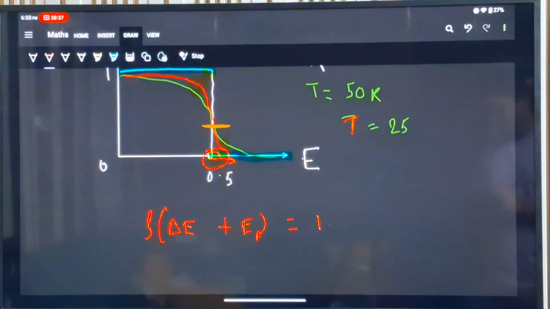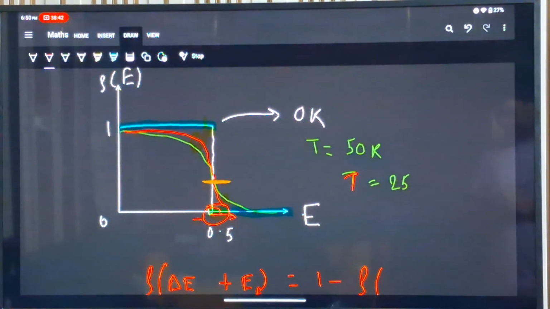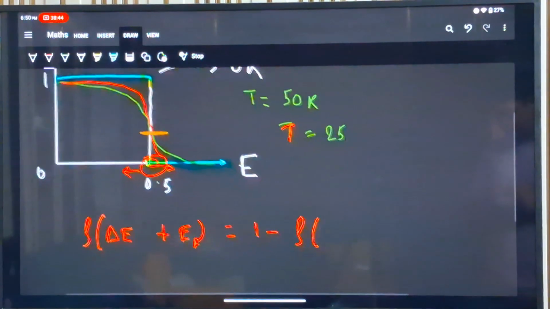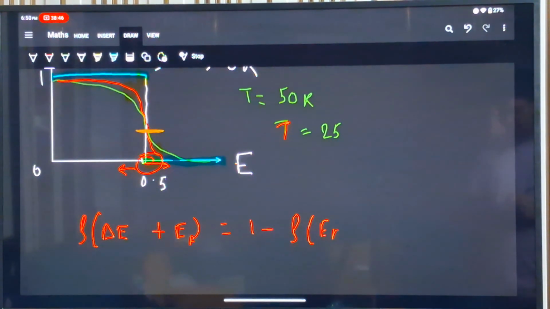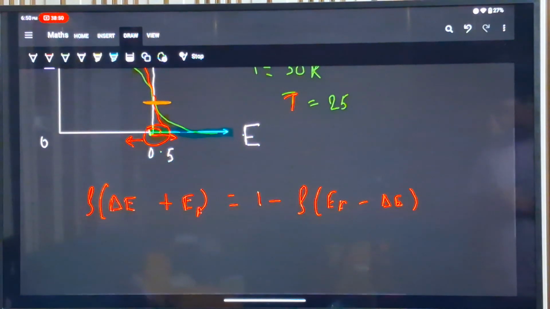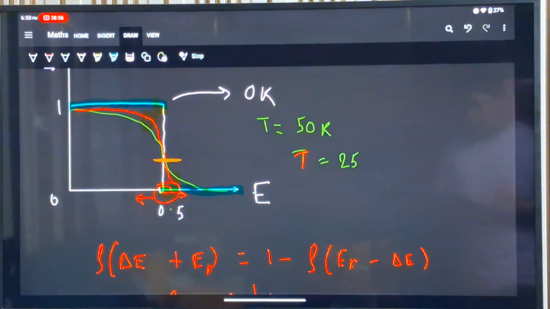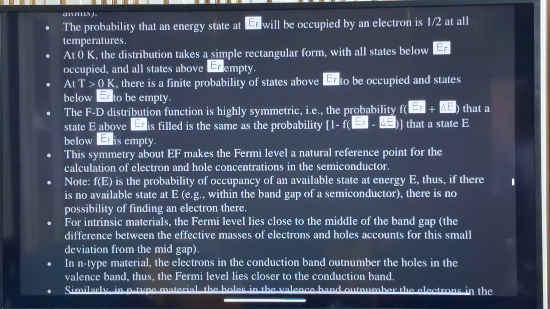So 1 minus f of the same value if I move the same distance towards the left, so EF minus del E. So this proves the symmetric property of the Fermi-Dirac distribution. So from there we get this formula that f of EF plus del E will be the same as 1 minus f of EF minus del E.